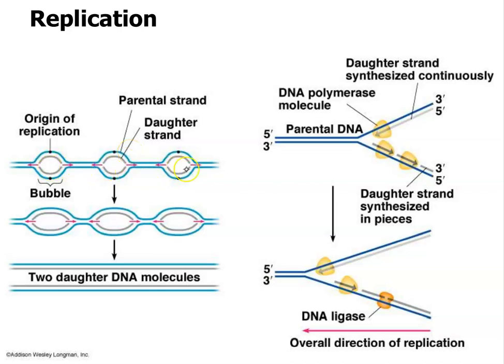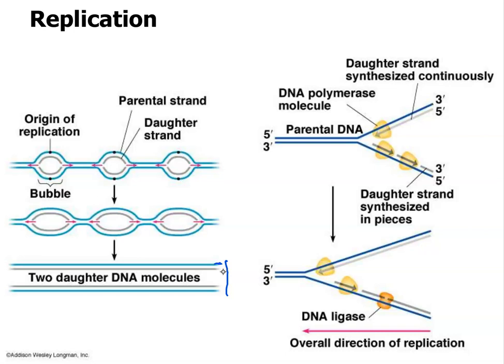So these replication bubbles, they open up in multiple places, and then basically you're synthesizing a secondary strand based on base pairing rules, and then you're fusing these bubbles. Eventually they fuse together, and so you're going to end up with two DNA molecules that are identical, except that we call this semi-conservative. One strand of each new DNA molecule is an old one, the blue one, and the gray one is the new one. But both of these DNA molecules are identical to one another.